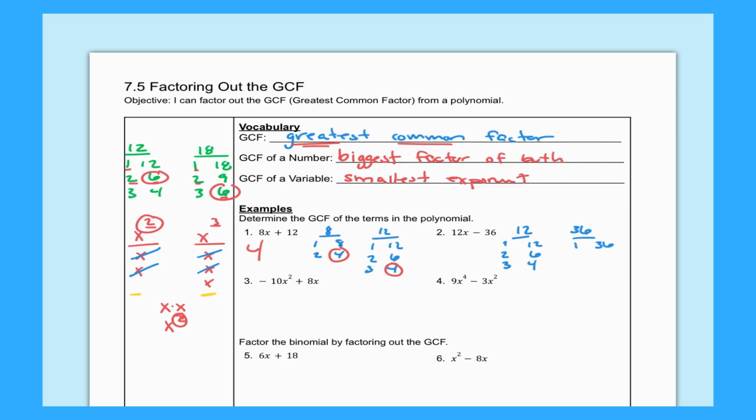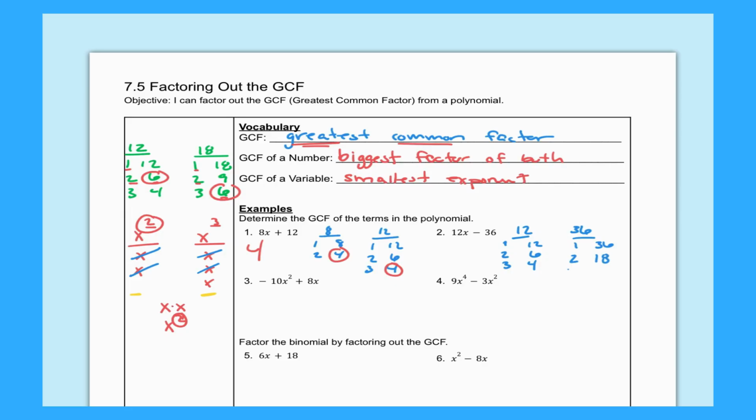Okay, so if we're not sure if it's a factor, what we're going to do is we're going to take the number we're trying to do, so in this case 36, and I'm going to keep dividing it. So 36 divided by 2. If you get a whole number answer, then it's a factor. If you get a decimal answer, then it is not a factor. So if I do 36 divided by 2, that is 18, which means 18 and 2 are both factors.